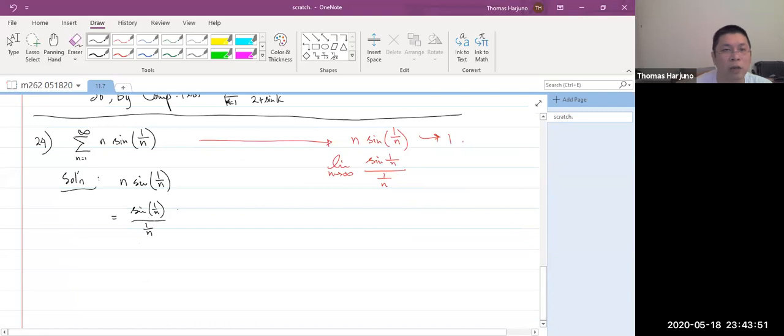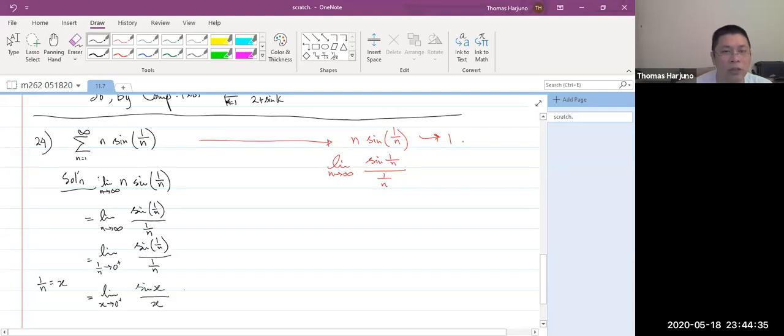Okay. And I want to say that this goes to 0, but how do I argue? When n goes to infinity, then 1 over n will go to what? Go to 0 from the positive side, right? So if I change my 1 over n to be, let's say, x, for example, then it will be the limit as x goes to 0 positive of sine x over x.